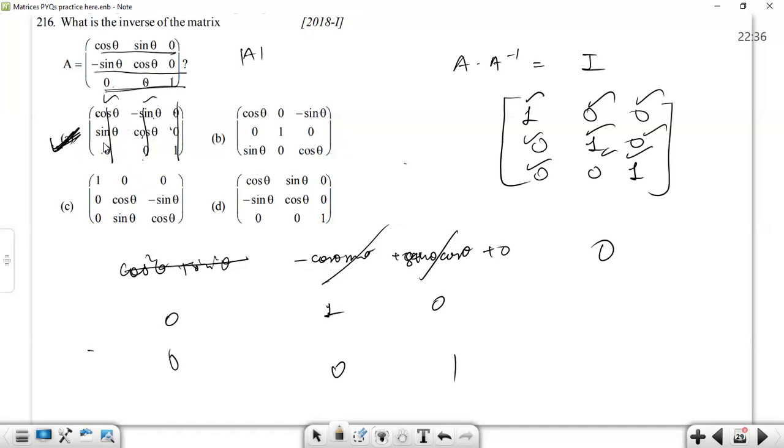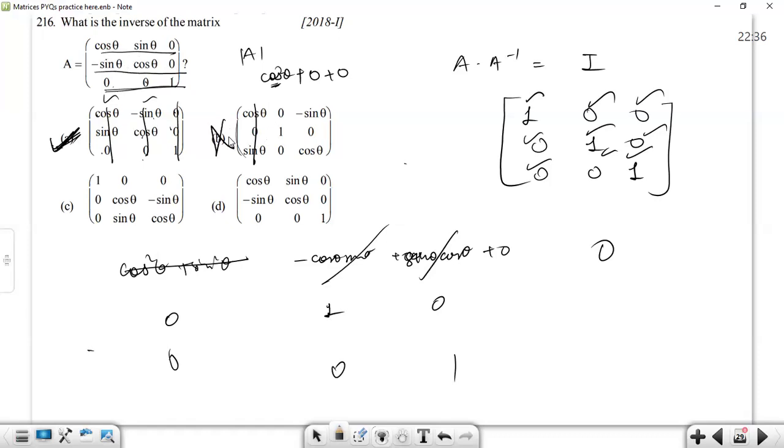So maybe they also wanted us to hit and try and just take the option. Anyways, if we would have gone with this option, let's say first row, first column, then cos square theta plus sin theta into 0 plus 0 into 0. So this becomes cos square theta instead of 1. So simply by checking the first row and first column itself, we can eliminate this option.